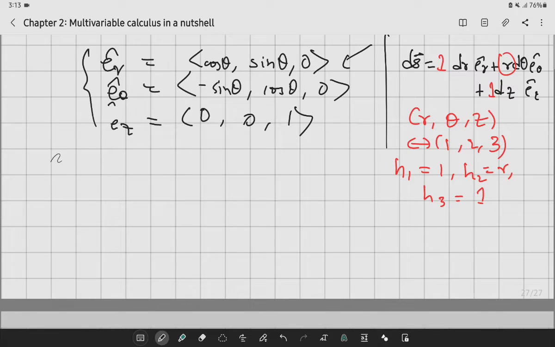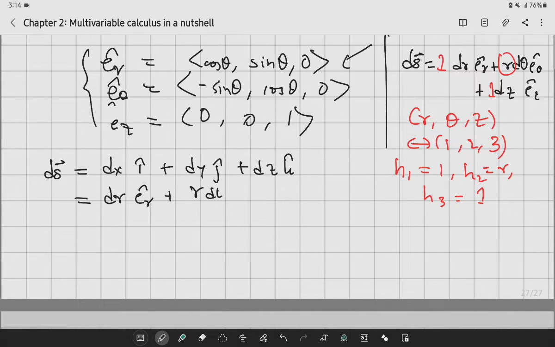Now, okay, let me quickly give you the arc length elements in different coordinates. dx i hat plus dy j hat plus dz k hat. This is in the Cartesian. In spherical coordinates, I'll have dr er hat plus r d theta e theta hat plus r sine theta d phi e phi hat.